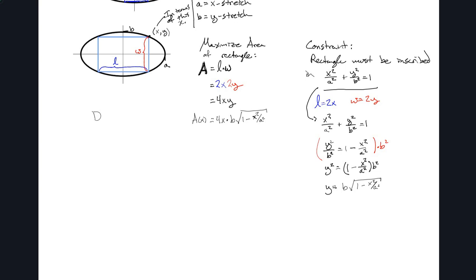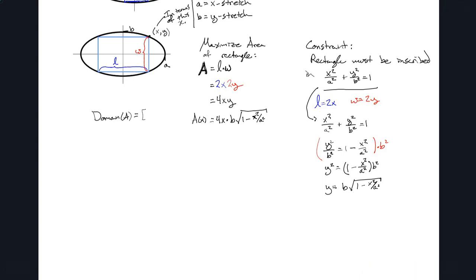Now our domain on A is going to be, we're going to just stick with the point that we're using to be in the first quadrant, right? So we could inscribe our rectangle where that top right point is in some different locations, but we're just focusing on that top right point that's going to create our length and our width.